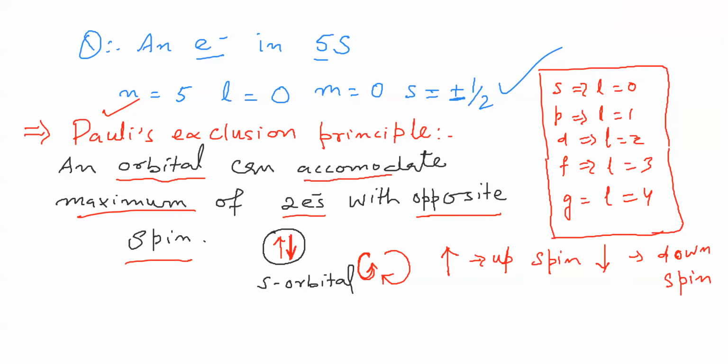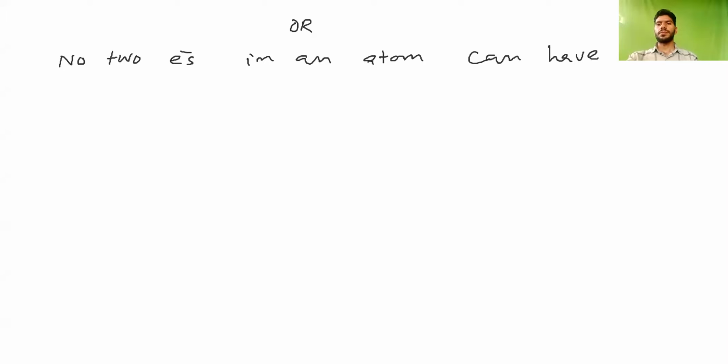Yes, sir. Okay, so now this is one of the statements. You can also define Pauli's exclusion principle like this: no 2 electrons in an atom can have all the 4 quantum numbers the same.